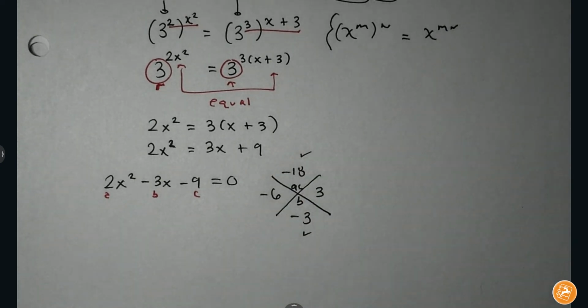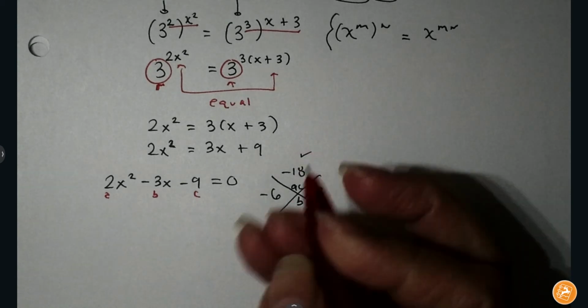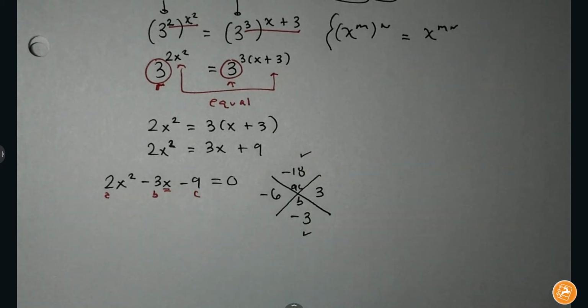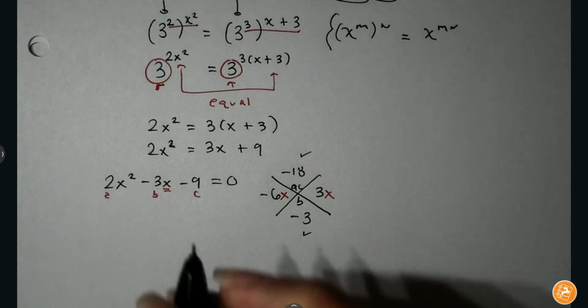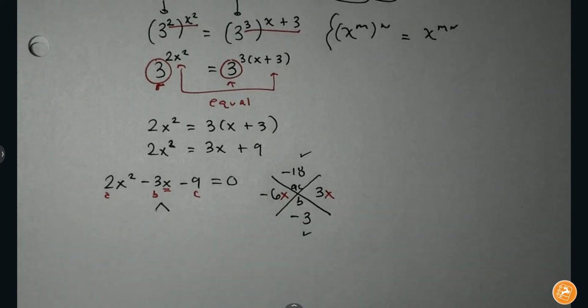Just a reminder, the gist of the AC method is to split the middle term so you can have 4 terms and then factor by grouping. So we are going to use the sides of the x game to split the middle term. The variable part of the middle term is x. So when we use the sides, we will replace it with -6x and +3x.